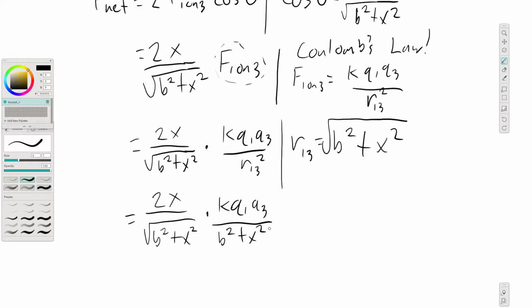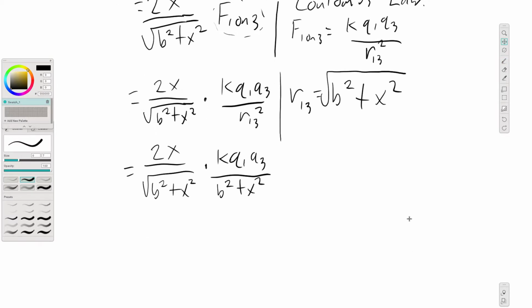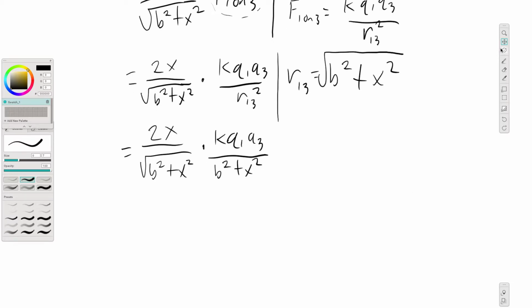And now we're pretty much done writing down that net force. The outstanding question is, can we write this down any more simply? I say yes. We have this thing, b squared plus x squared, that shows up in two places, and I'm going to remind us that b squared plus x squared all square rooted can be written like that, and we're multiplying it by this thing.